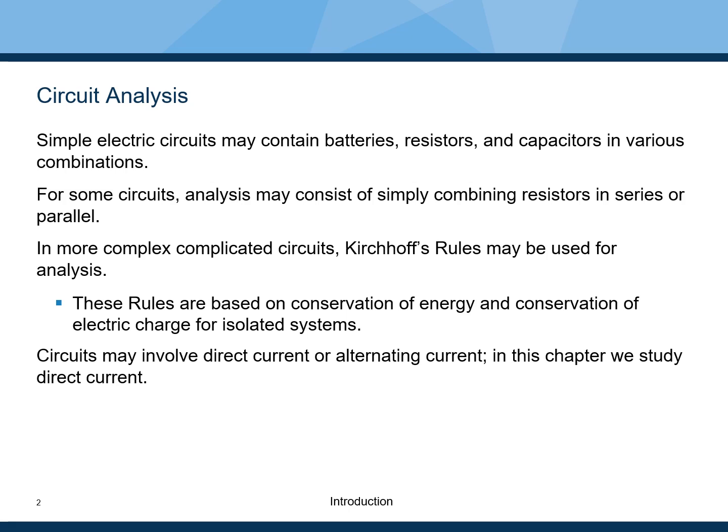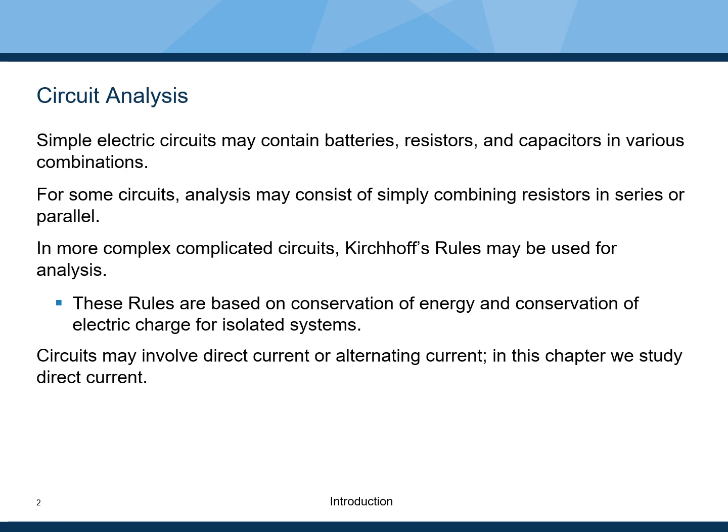So we have seen that there are things like batteries, resistors, capacitors, and they can all be combined in various combinations. And what we're going to essentially do in the first unit of this chapter, and it's a rather long chapter, is basically teach ourselves how to combine resistors in series and in parallel.